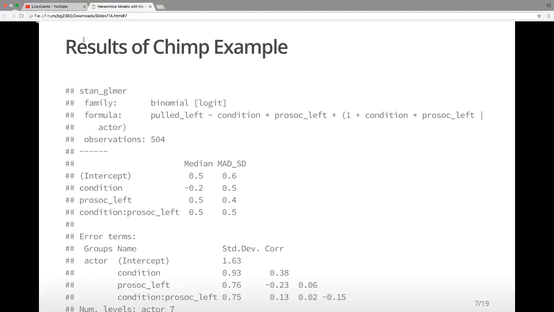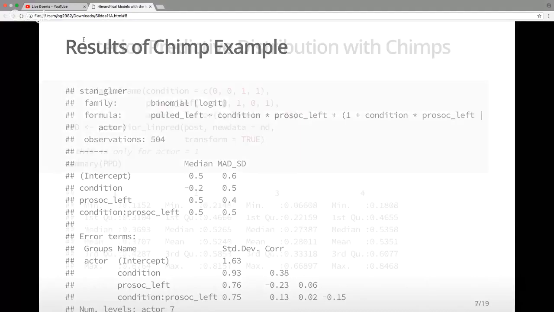But in light of that, it does not make sense to proceed as if negative 0.23 is 0, and you have independent beliefs as to how these things vary from one chimp to the next. And so if I told you the 2 plates of food are on the left, that should influence your beliefs as to how the coefficient on condition varies from one chimp to the next.